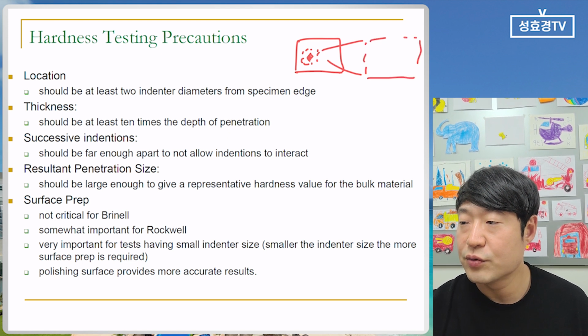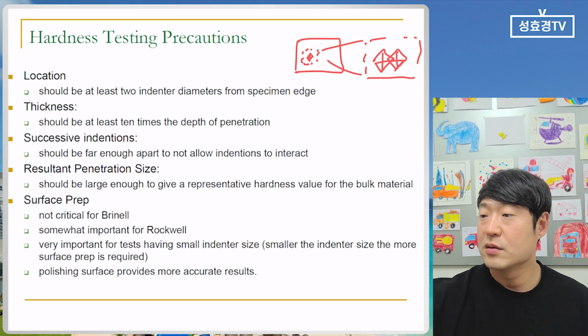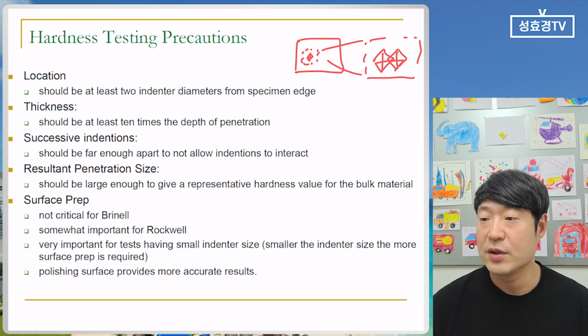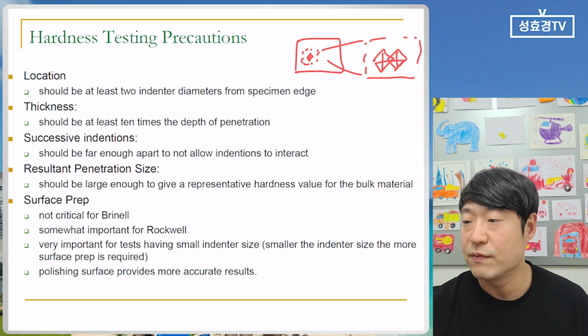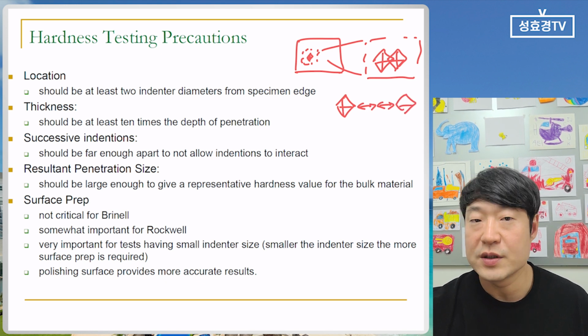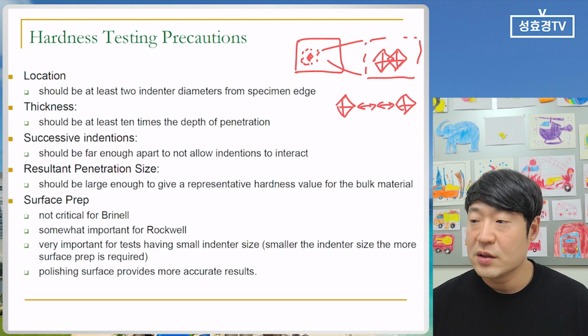If you put the indent in the vicinity of this edge, we cannot get the exact data, so keep it more than about 2 indent diameters away. Conduct the test a little bit far from this area.